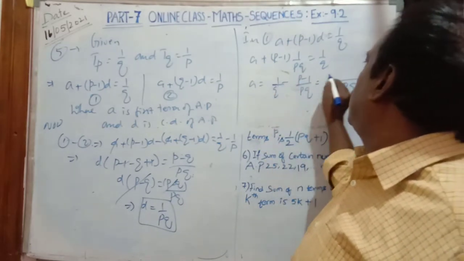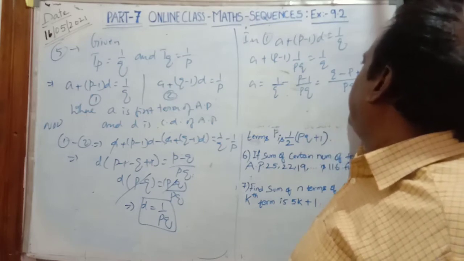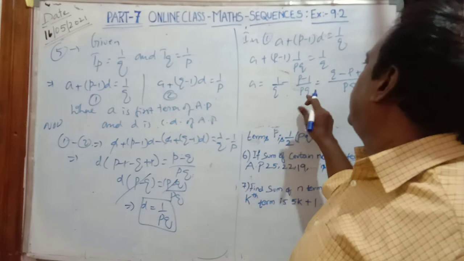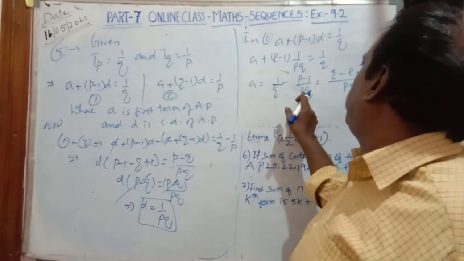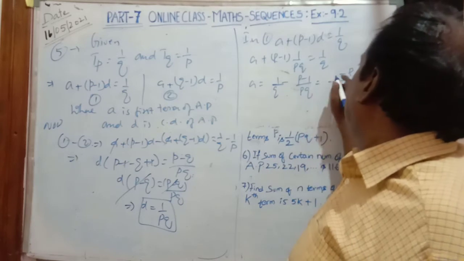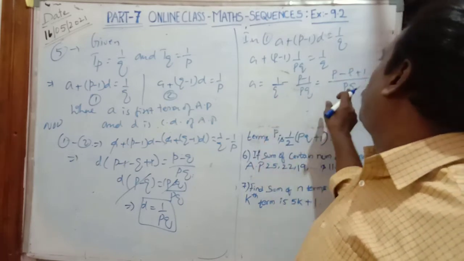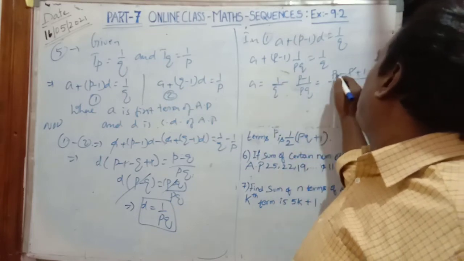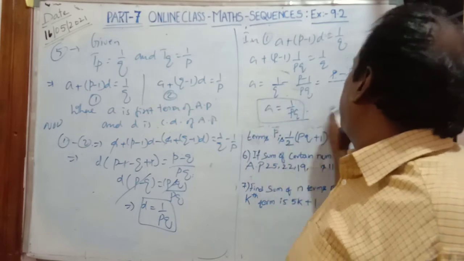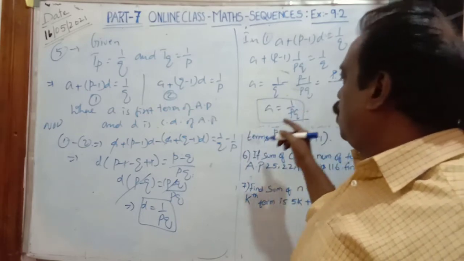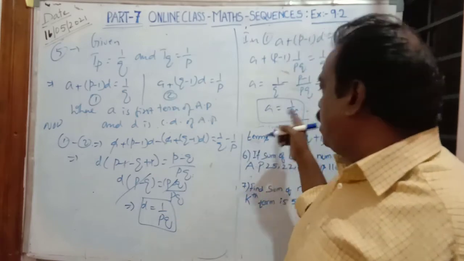Here it is (q minus p plus 1) by pq. pq cancels, we get p. If you divide pq by q, p is there. So A is also 1 by pq.